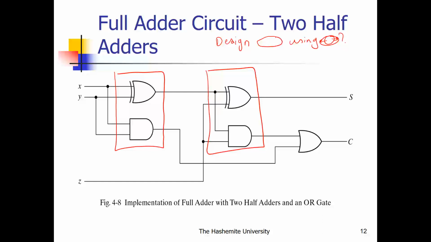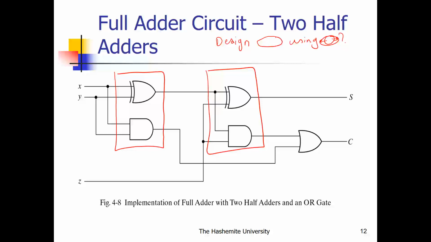If I was successful in abstracting the idea, you are asked to design something using something that is already designed for you. You don't need to go down to the logic gates, and most of the time you don't really need to use K-maps.